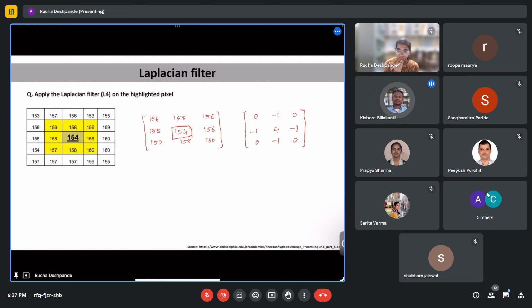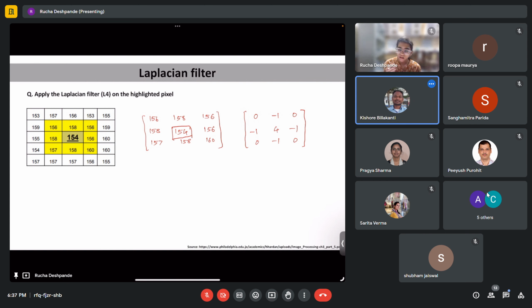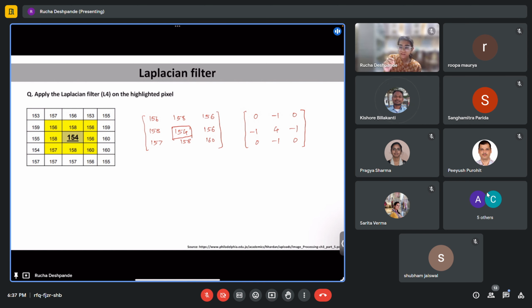Is this multiplication or addition? It would be pixel to pixel. So 156 would be multiplied with 0, 158 would be multiplied with -1. Then we add everything.